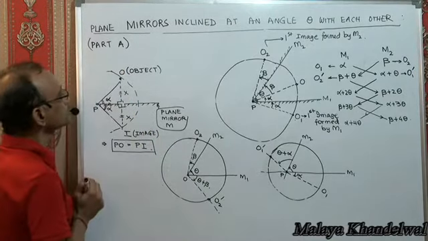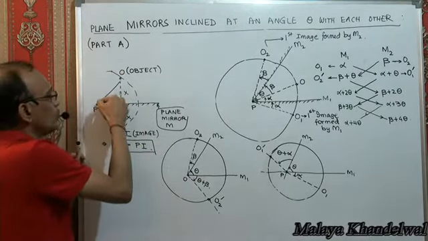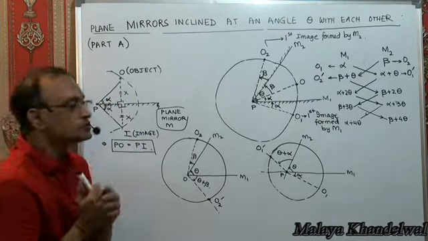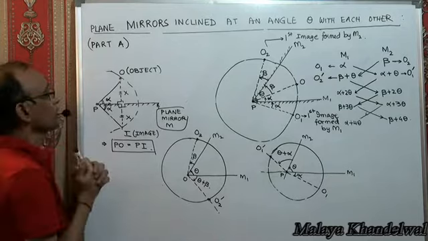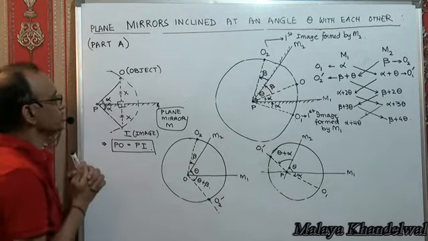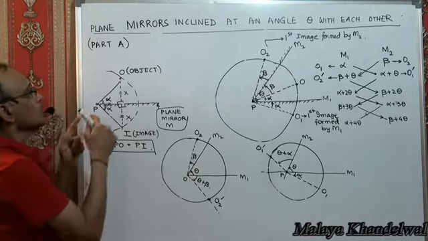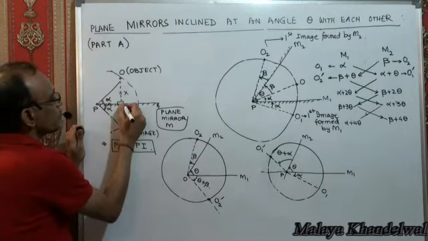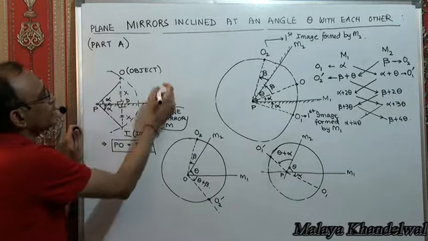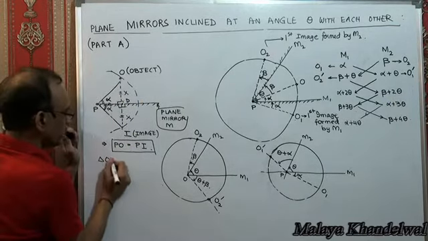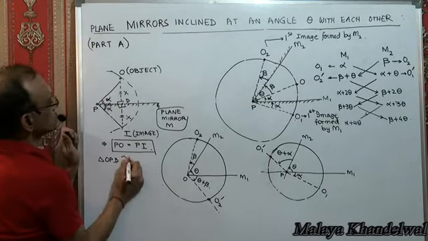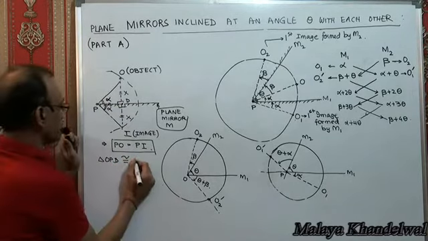Right. Now I join P to O and I join P to I, the image of O. Notice then a few very basic things. Let me call this point D, for example. Triangle OPD would be congruent to triangle IPD.